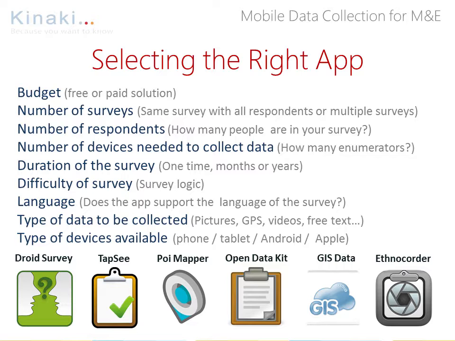Do you run little saving groups in 150 villages and want to equip each of them with some sort of device? Then you probably want to go for some cheap devices, or maybe their existing phones, so you will have to look for the tool there. Or if you just have 10 enumerators, you can equip them with pretty much any device and any tool, because it won't be as costly.